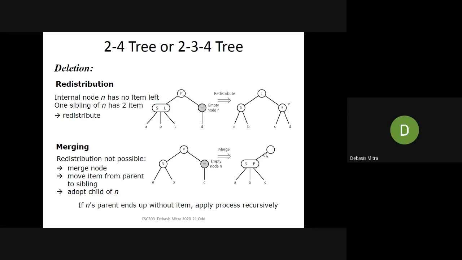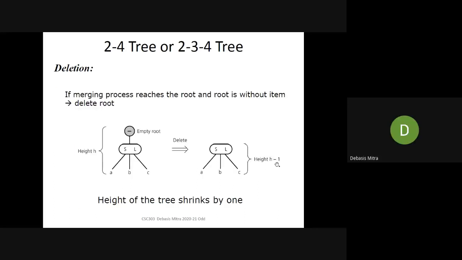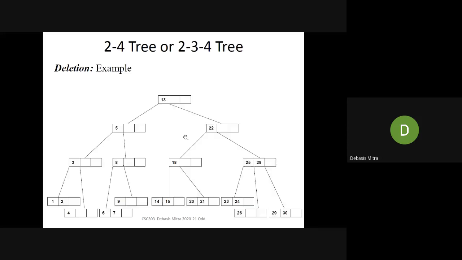Now let us come to the real thing. This is the final case, that a root has become empty, so the height becomes one less than the earlier one. Fine. Let us see the real example. See, this is a 2-4 tree.